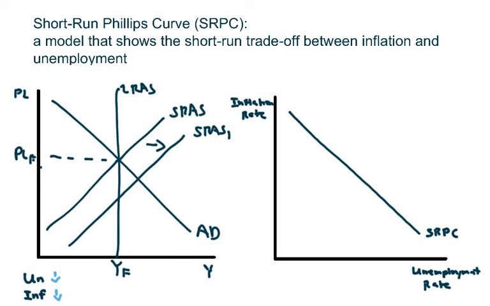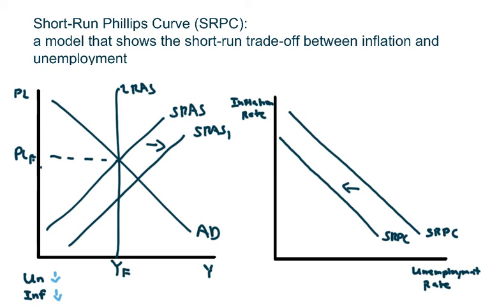So how would I show that on the short run Phillips curve? The answer is it's going to be a curve shift. I'm going to shift SRPC to the left, because when I do, this means less inflation and less unemployment at every single point along the short run Phillips curve.